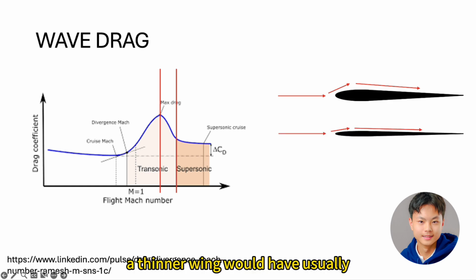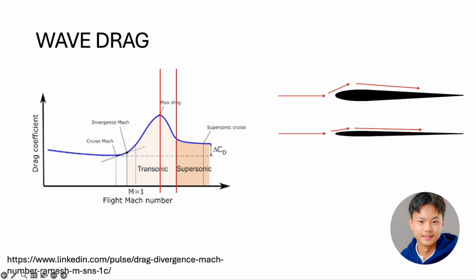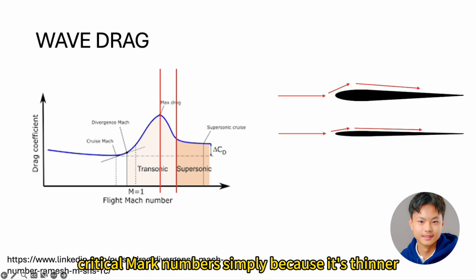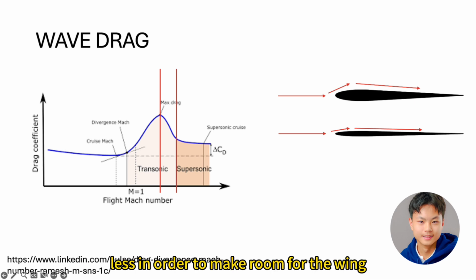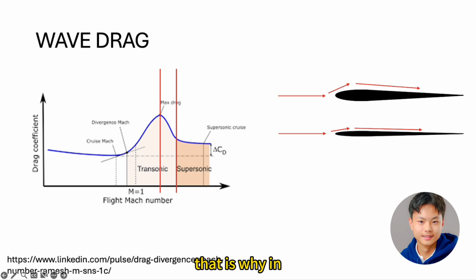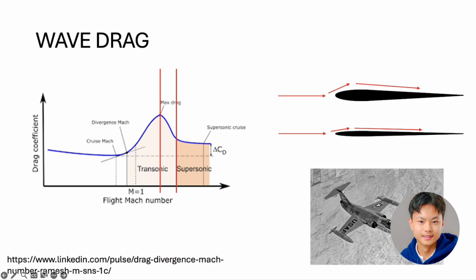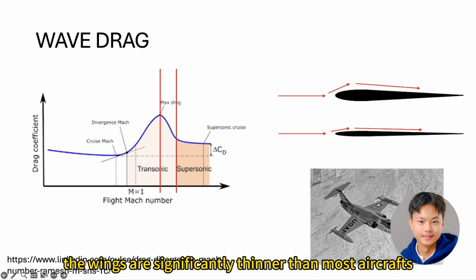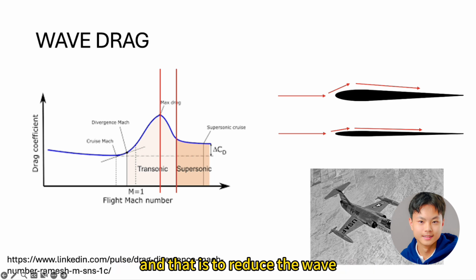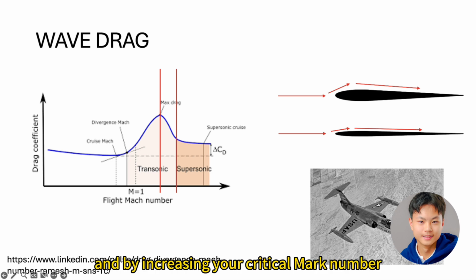A thinner wing would usually have a higher critical Mach number simply because the air has to accelerate less in order to make room for the wing. That is why in aircraft, especially fighter aircraft such as the F-16 and the F-104 Starfighter, the wings are significantly thinner than most aircraft, and that is to reduce the drag by increasing your critical Mach number.